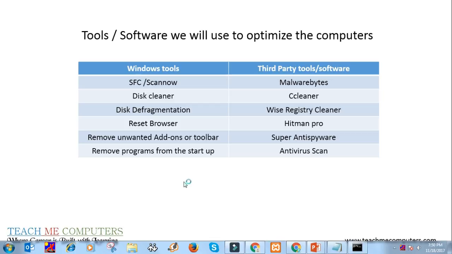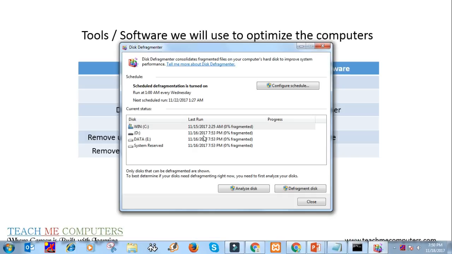Open Disk Defragmenter. Select the drive which you want to defragment and click on Disk Defragment. This takes time, depending on how frequently you do this. So it has started, 0% analyzed, then it will defragment.